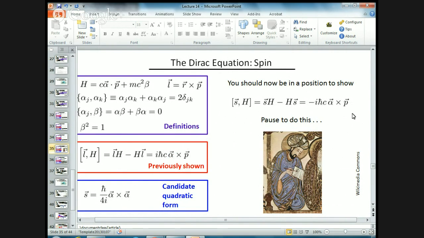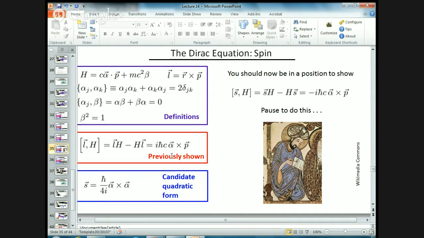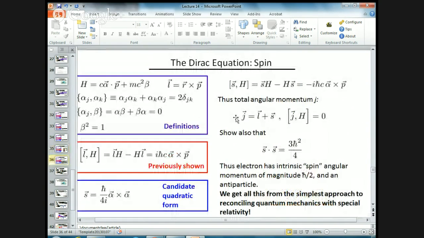You can show, just doing the same things that I've just done here, that the commutator of S and H is minus i h bar c alpha cross P. So it's minus the commutator of L with H. So in fact, this vector, J, L plus S, commutes with the Hamiltonian.